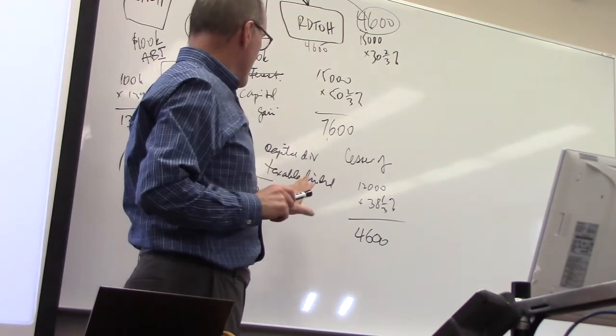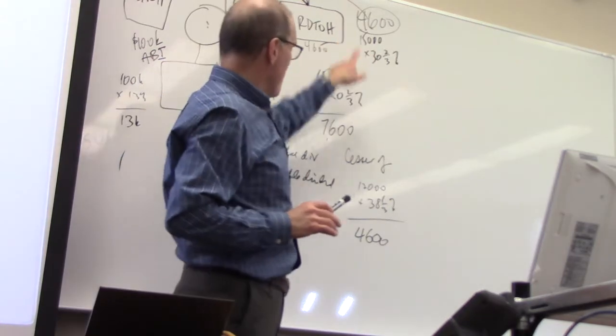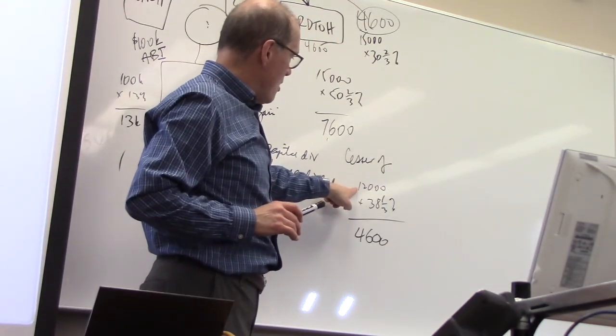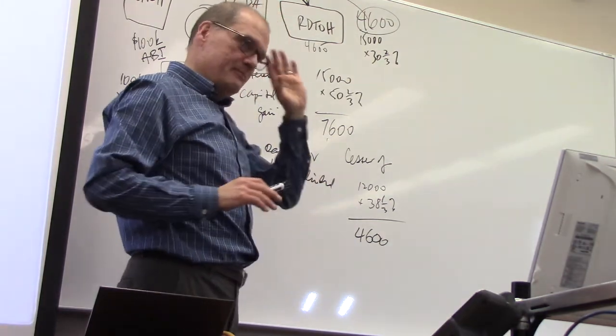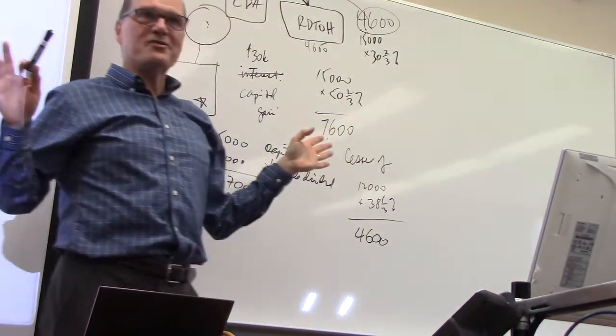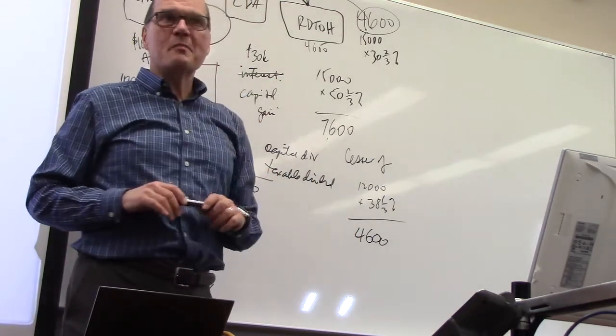And now we're taking out the lesser of $4,600 and the taxable dividend, $12,000 times 38 1/3%. Creepy, but I love tax, and it's awesome. So the dividend refund to the company is $4,600.